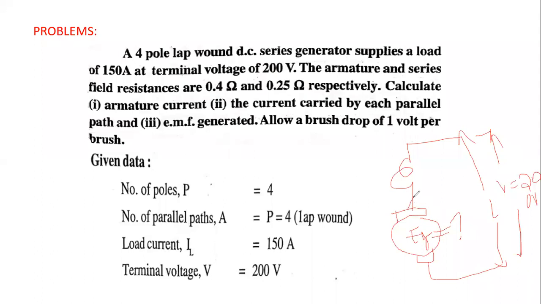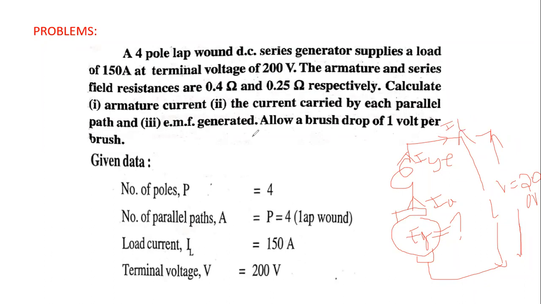In the armature we are producing the armature current, that is IA. This same IA current is flowing through the series field winding, where it is called ISC. Then this same current is flowing through the load also, where it is taken as the IL current.